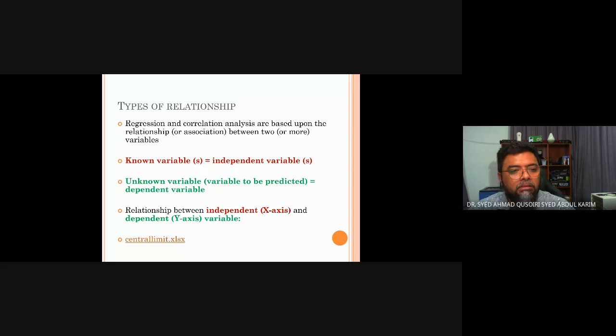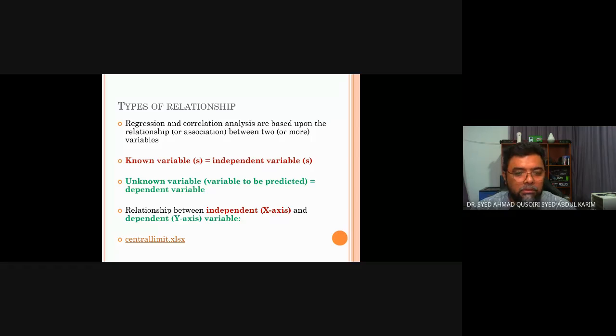So regression and correlation analysis are based on the relationship between two or more variables. So we are talking about bivariate or multivariate analysis here.